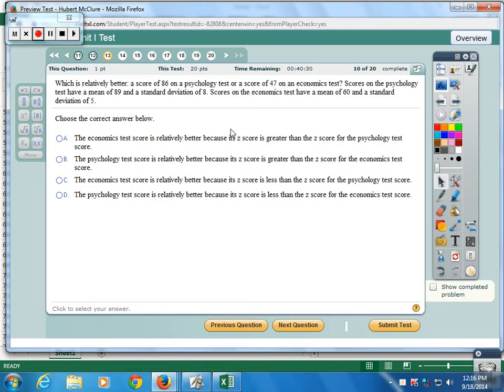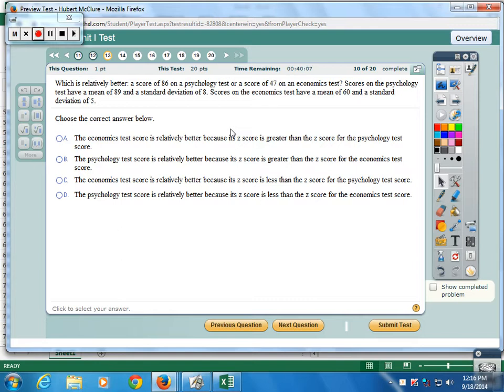All right, which is relatively better? A score of 86 on a psychology test or a score of 47 on an economics test? Scores on the psychology test have a mean of 89 and a standard deviation of 8. Scores on the economics test have a mean of 60 and a standard deviation of 5.